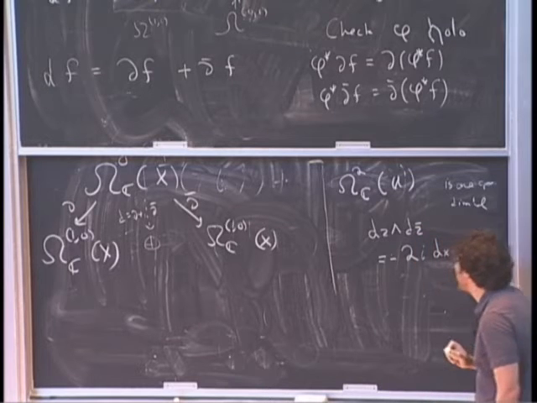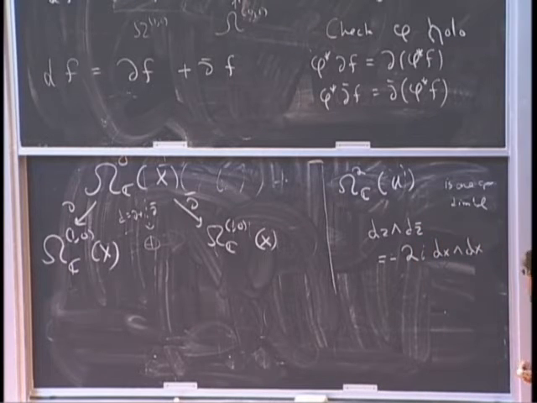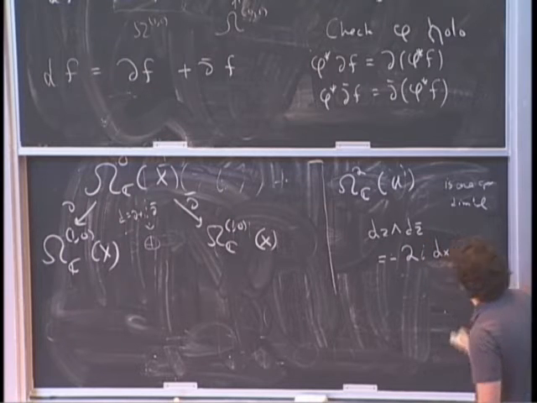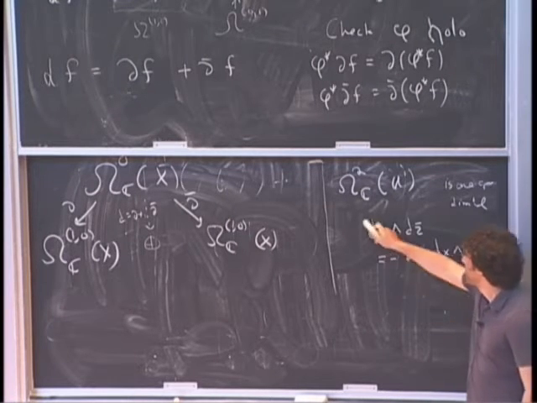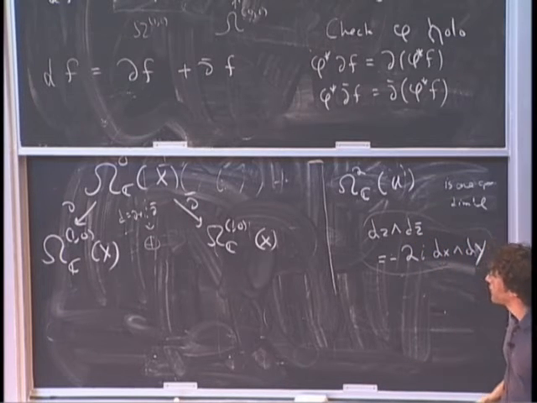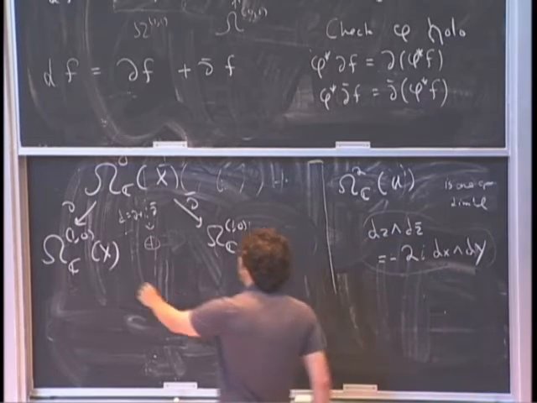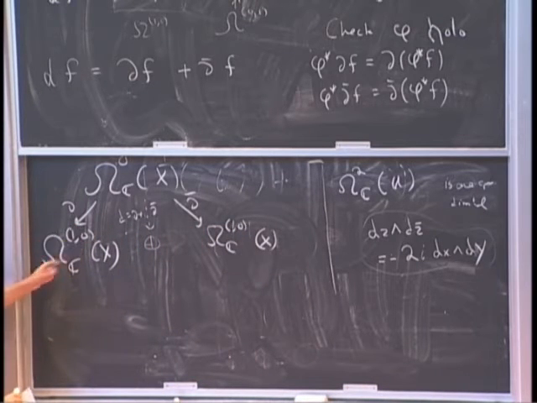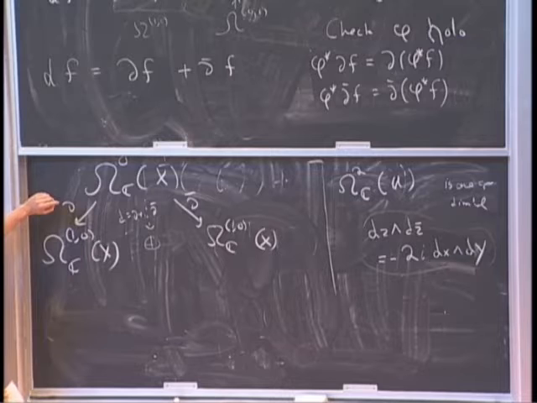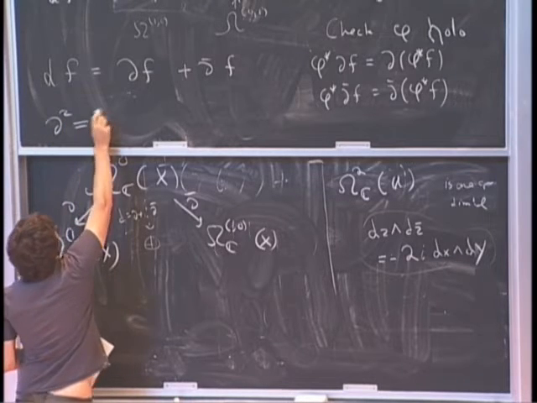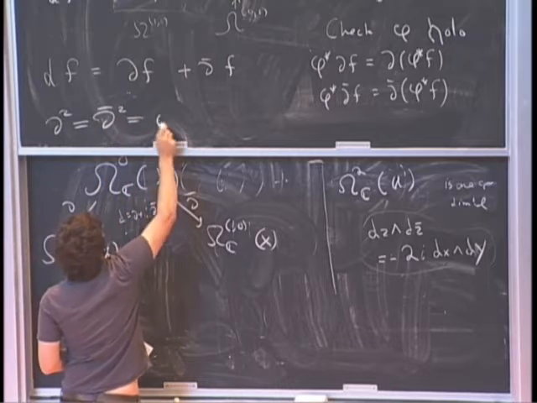Yes, minus 2i dx wedge dy. And then again, what one works out, though of course one has to check this, but it should be clear from the algebra, is that del squared is the same as del bar squared, which is equal to 0.